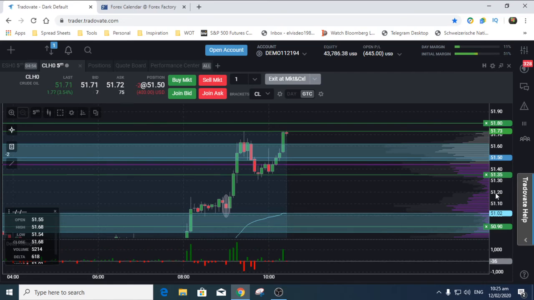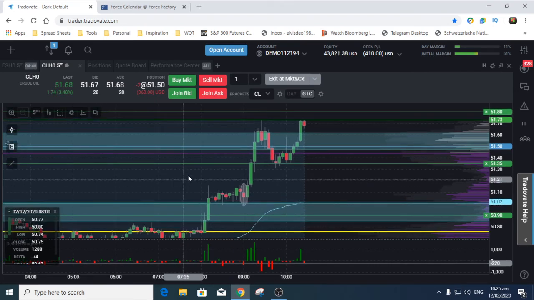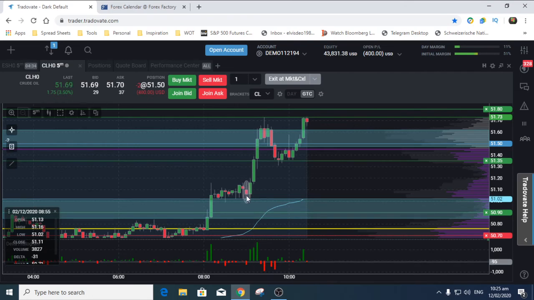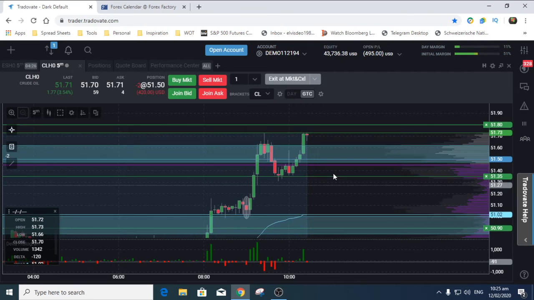No, they might have been hunting at 51.80. So they just flushed the open market, pre-market, open market. I haven't retested the opener yet, which is a bit worrying. May get stopped out here.